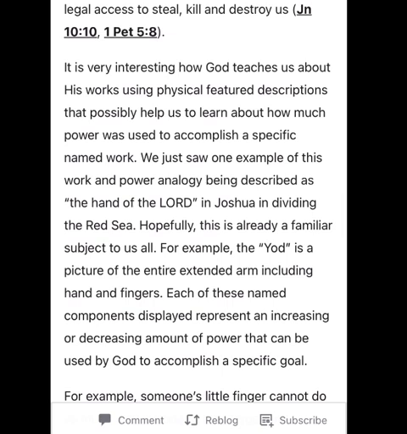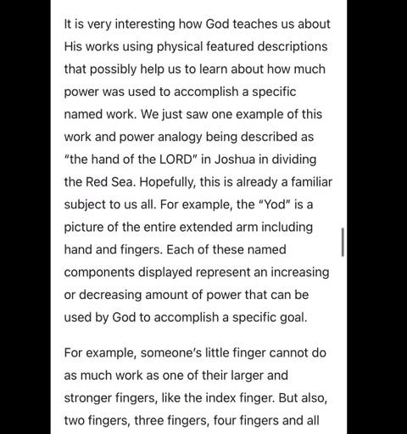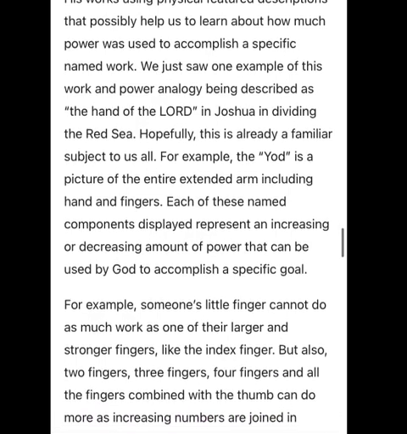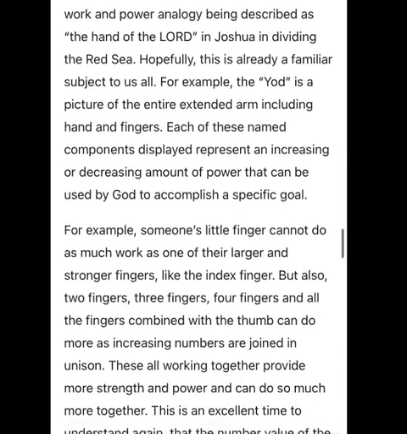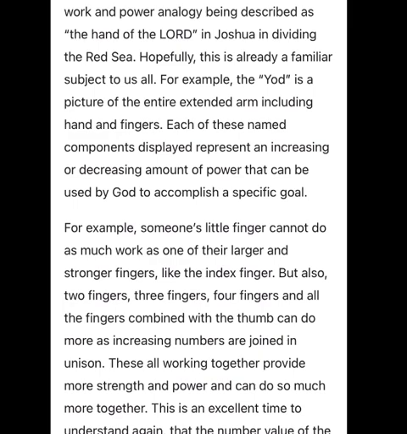It says, "It is very interesting how the Most High teaches us about his works using physical feature descriptions that possibly help us to learn about how much power was used to accomplish a specific named work. We just saw one example of this work and power analogy being described as the hand of the Lord and Joshua in dividing the Red Sea. Hopefully, this is already a familiar subject to us all."